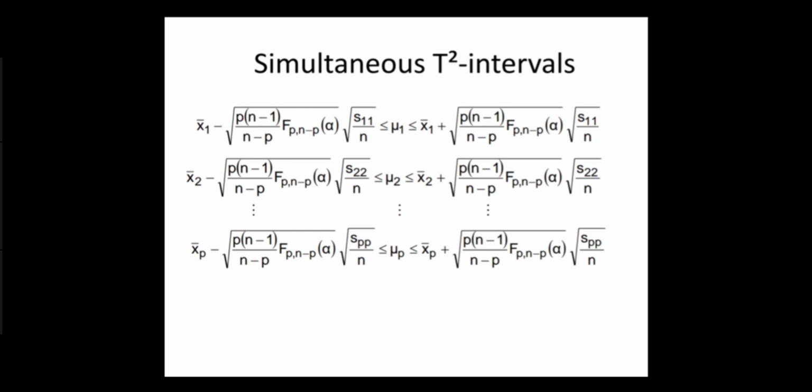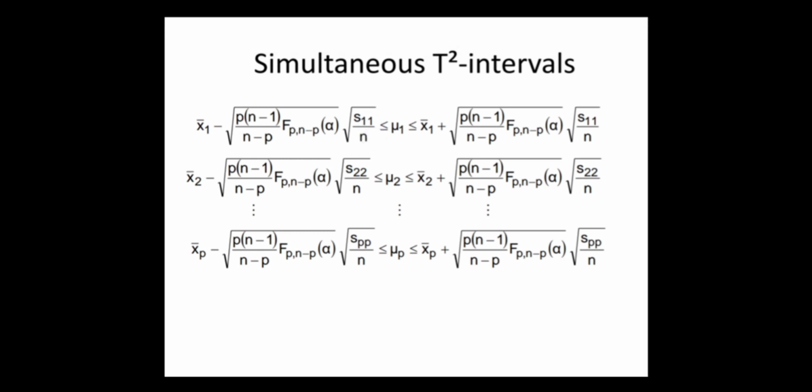Okay, so this is the formula to calculate the confidence interval for mu 1, mu 2 until mu p, because we have p variables. The formula will be x bar plus minus the square root of the F distribution, here is the c square actually, then multiply by the standard deviation, the square root of S11 divided by small n.